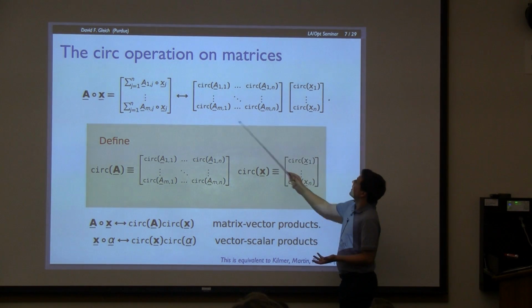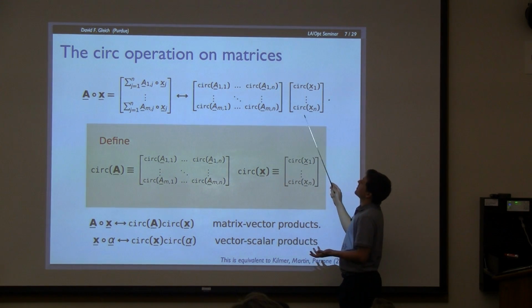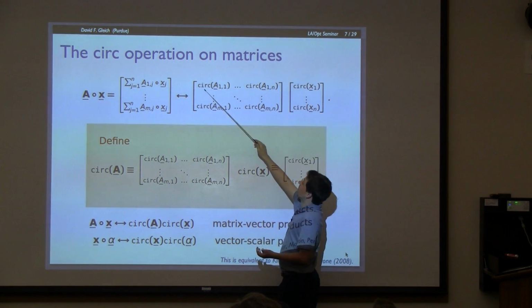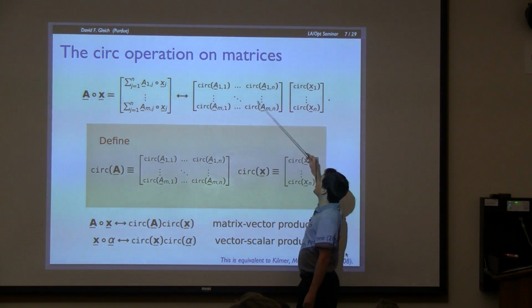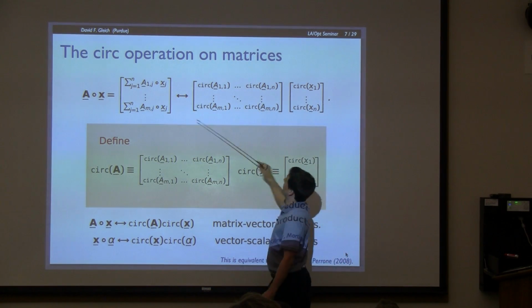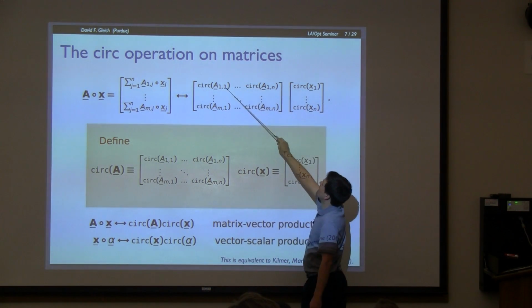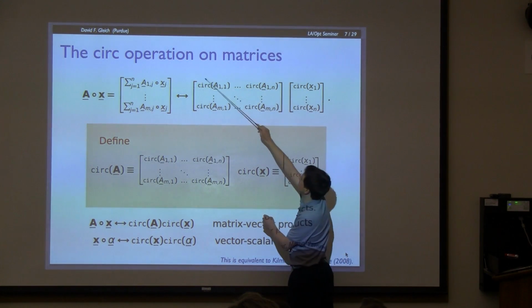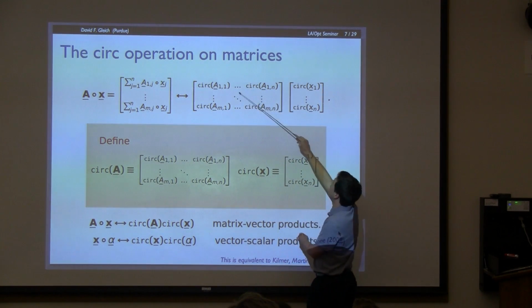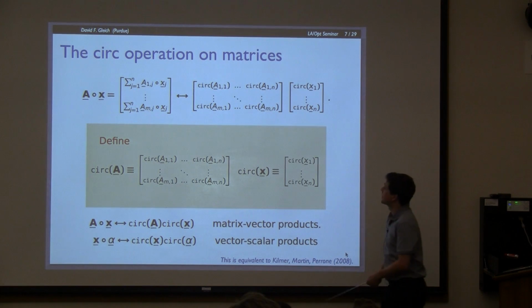Turns out that this will have a really nice way of representing it in terms of these circulants. What we're doing in this operation is computing a circulant for each entry, and we're actually doing a big matrix vector product with a matrix that's got a circulant in the 1, 1 block now. So there's a big block there all the way out through the rest of the matrix.